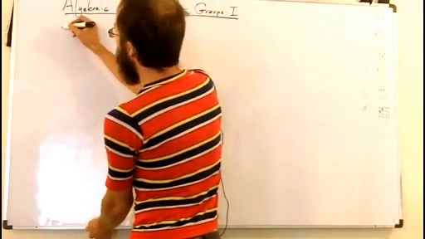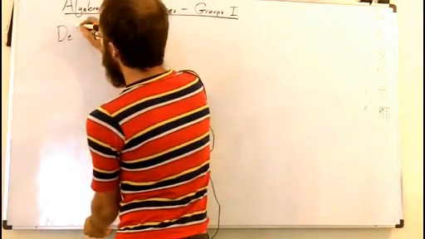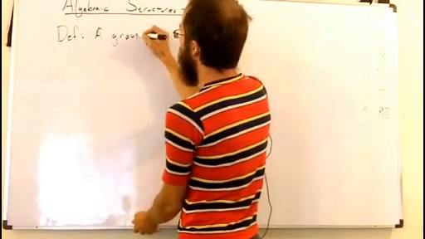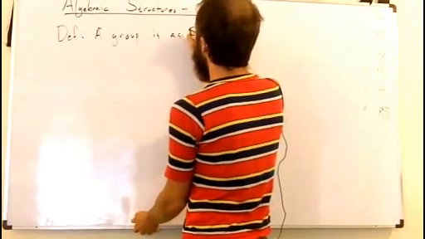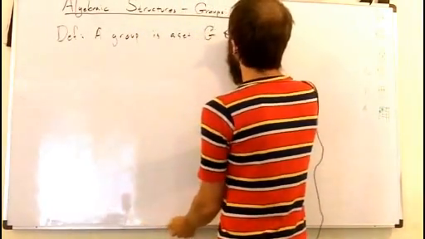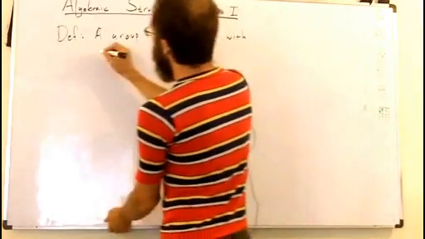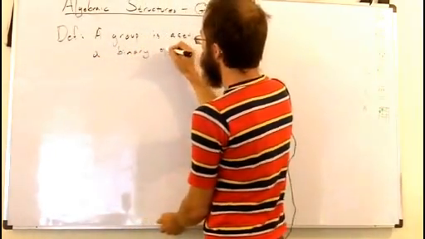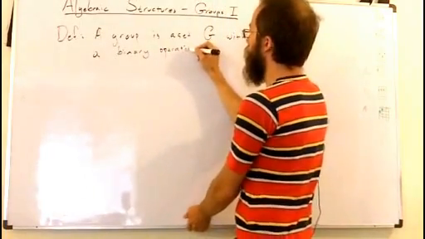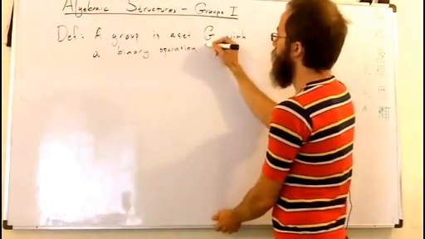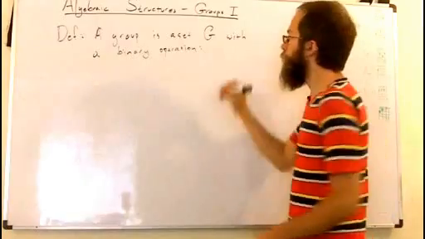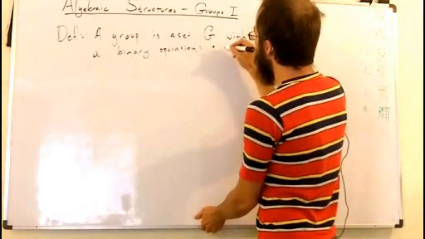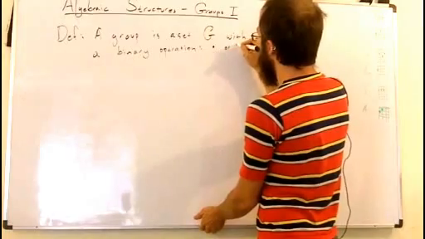A group is a set. So a group is a set G with a binary operation, and that operation we're usually going to write as either multiplication or addition.